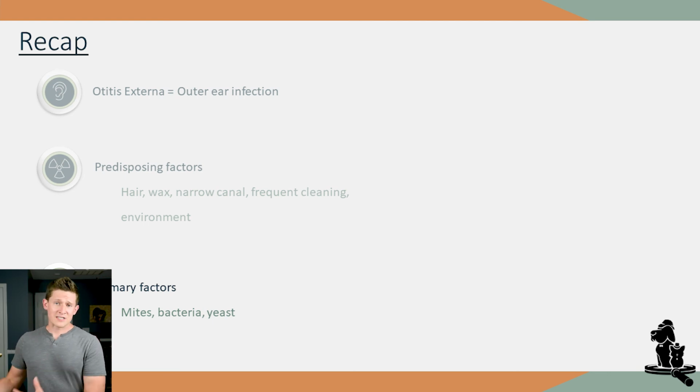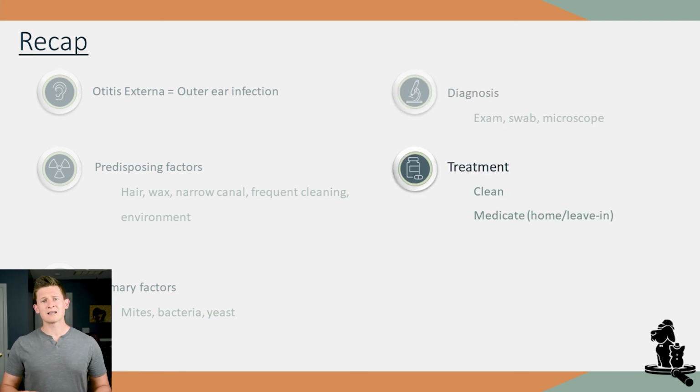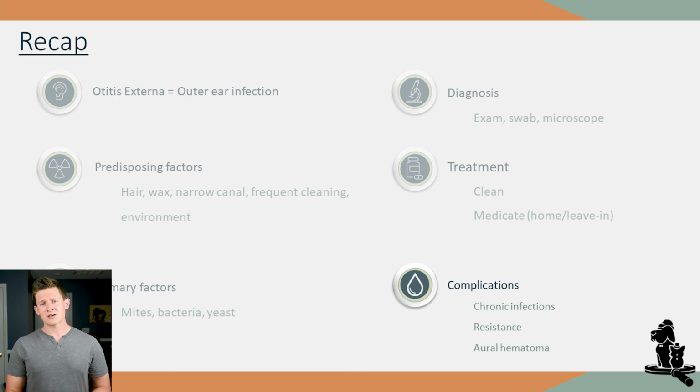And then how we diagnose with the ear swab and the microscope exam. How we treat, thoroughly cleaning and then medicating, whether that's in the clinic or at home. And then the complications we need to look out for. So chronic ear infections and resistance. Chronic ear infections and essentially cauliflower ear. And then hematomas as well.